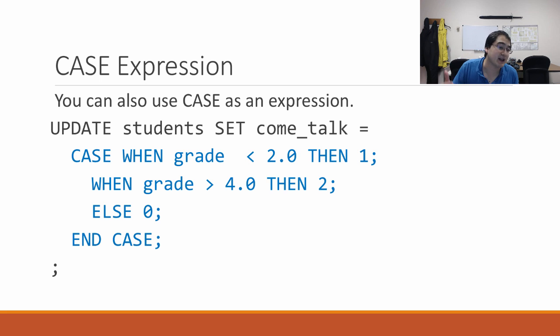So I could say case when grade is less than 2.0, then 1, and then set come talk to 1. Then when grade is greater than 4.0, then 2, else 0, end case, semicolon, and then there's a close semicolon for the update. Now, forgetting where those semicolons can go can be tricky.